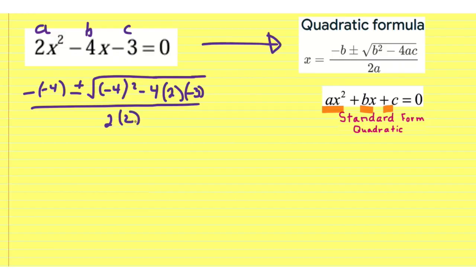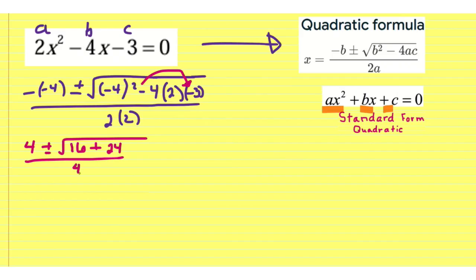Okay, so let's just work it out. It's going to be 4 plus or minus the square root of 16, because -4 squared is 16. And then I've got a negative times a negative, which means it's going to turn into a positive, so plus. And then 4 times 2 is 8, and 8 times 3 is 24. And then all of that is over 4.